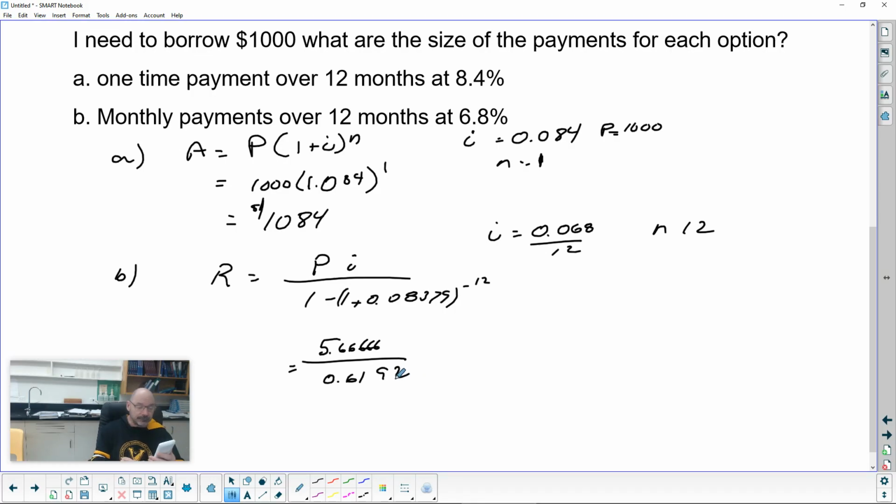Okay, so now we can just divide. And we get about, let me check this bottom number again. I don't think that one turned out right there.